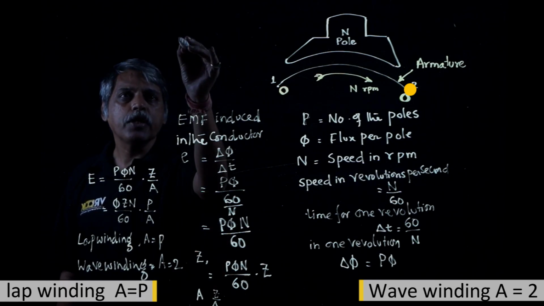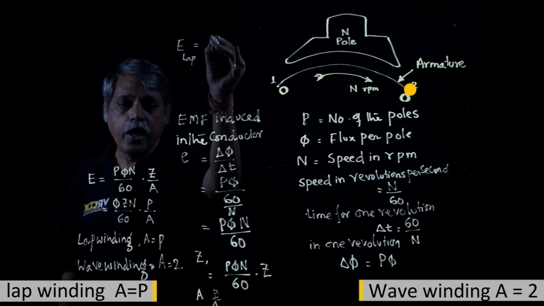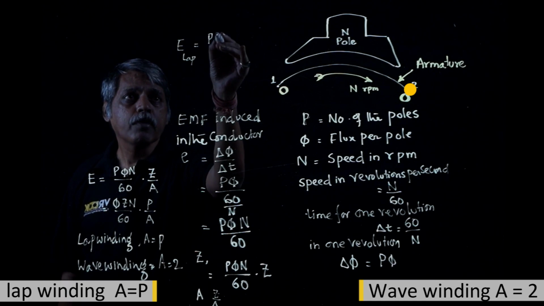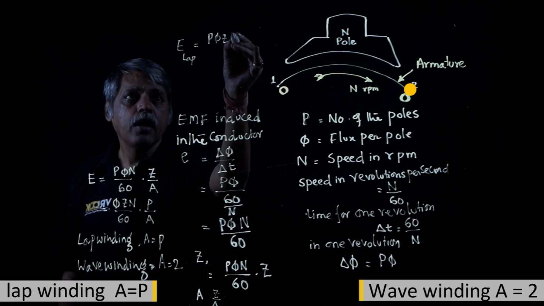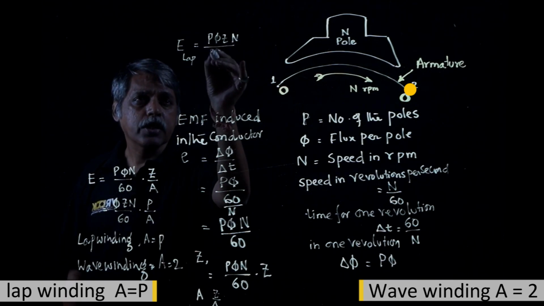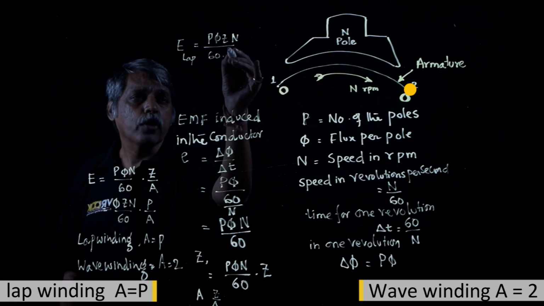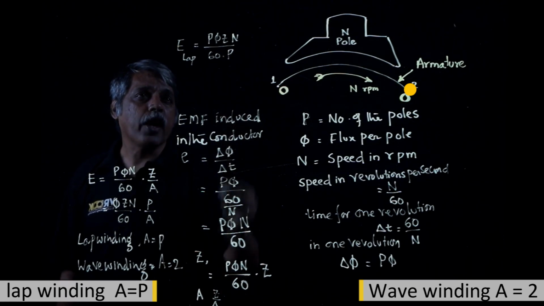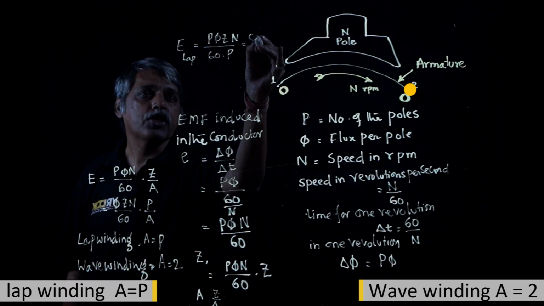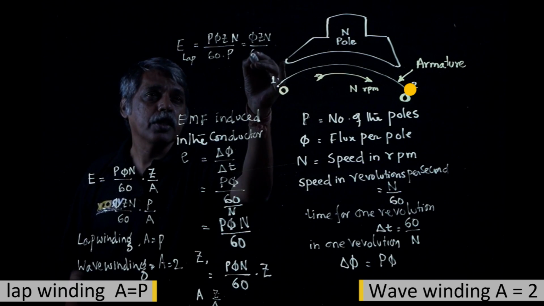The equation for the induced voltage in the lap winding is P phi Z N upon 60 into P upon A, and A is equal to P. Therefore, if I substitute P instead of A, I get phi Z N upon 60.